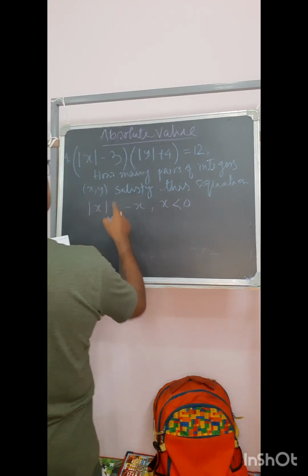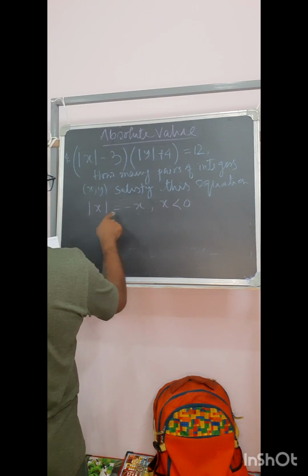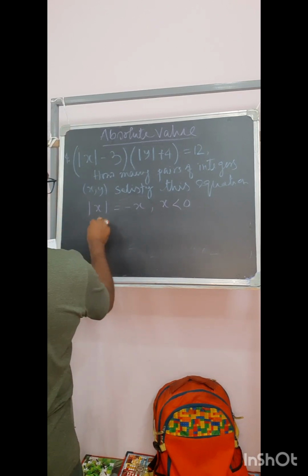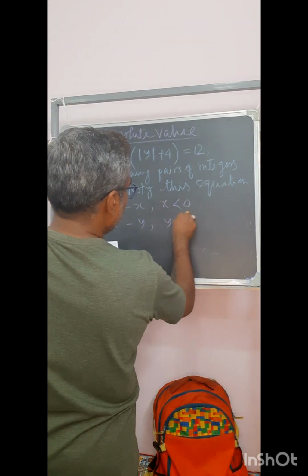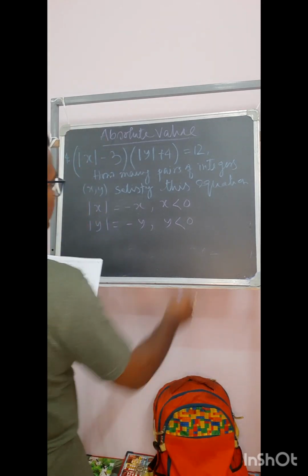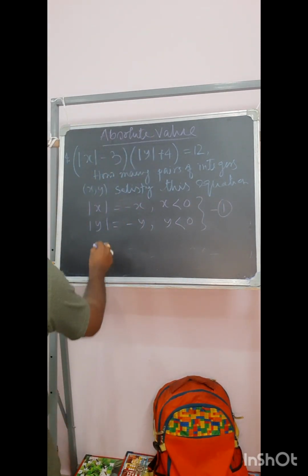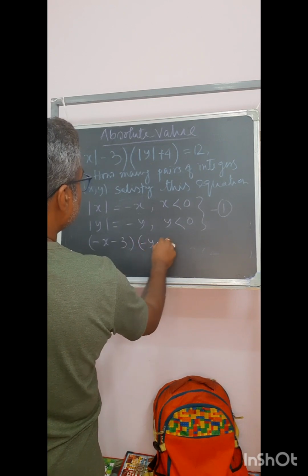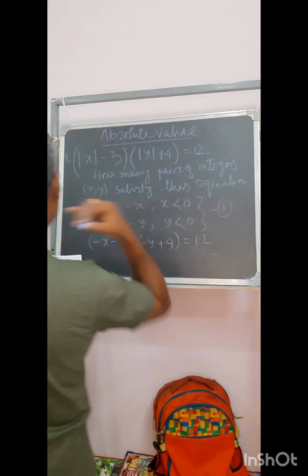First I will consider, let's say there may be 4 possibilities, where mod x is equal to minus x when x is less than 0, and at the same time mod y is minus y where y is less than 0. So this is the first set of conditions I am taking. If that is so, then I will say minus x minus 3 minus y plus 4 is equal to 12. Okay.